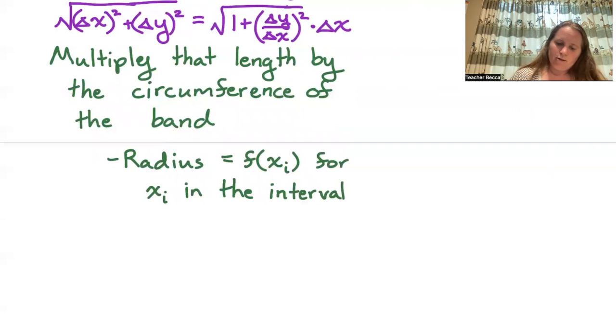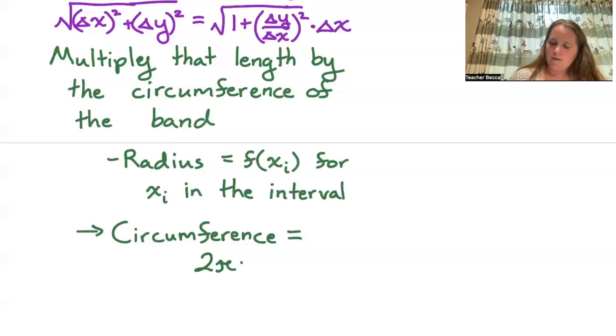And so the circumference is 2 pi times that f of xi.